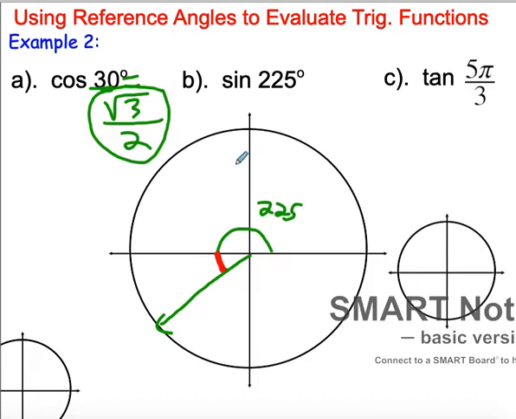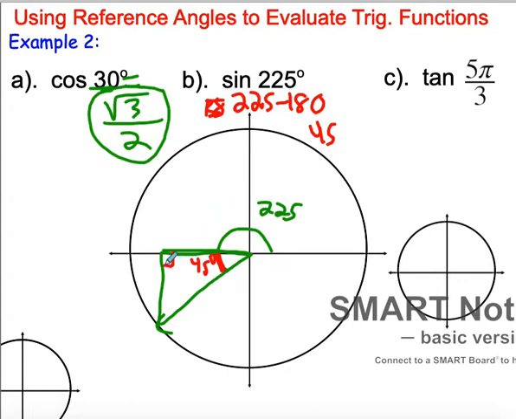And so you do 225 minus 180, and that gets you a 45-degree angle. So we have a 45-degree angle, and so now I'm going to draw my triangle using my reference angle, okay? And so we're going to evaluate sine of 225 using this triangle made from the reference angle.